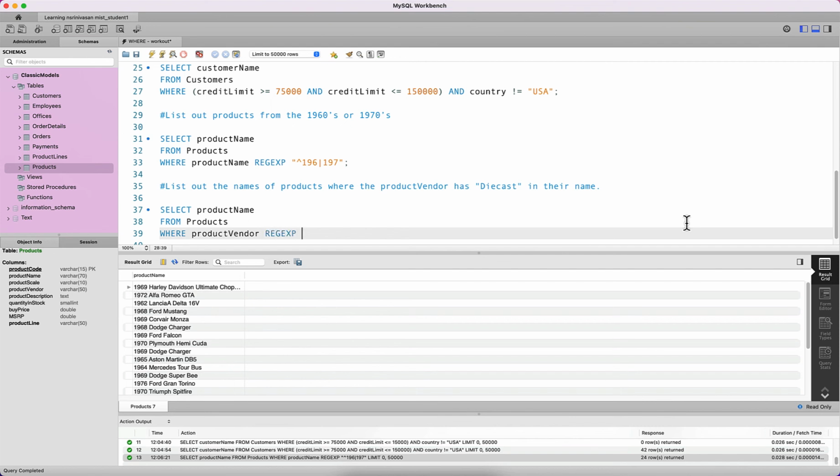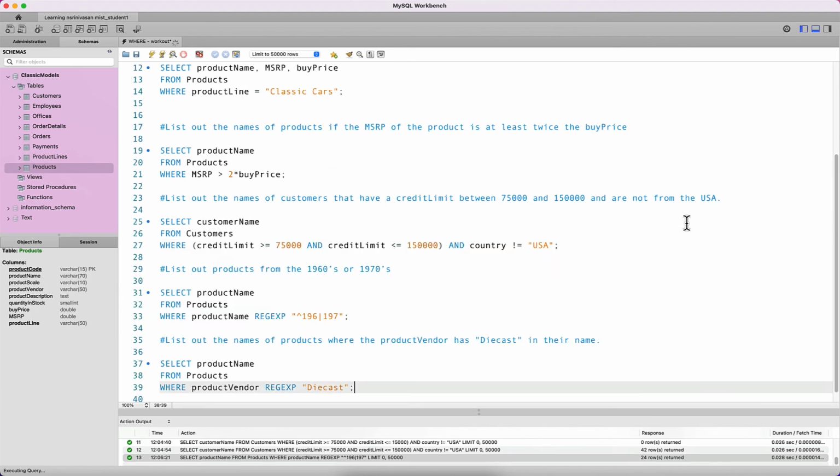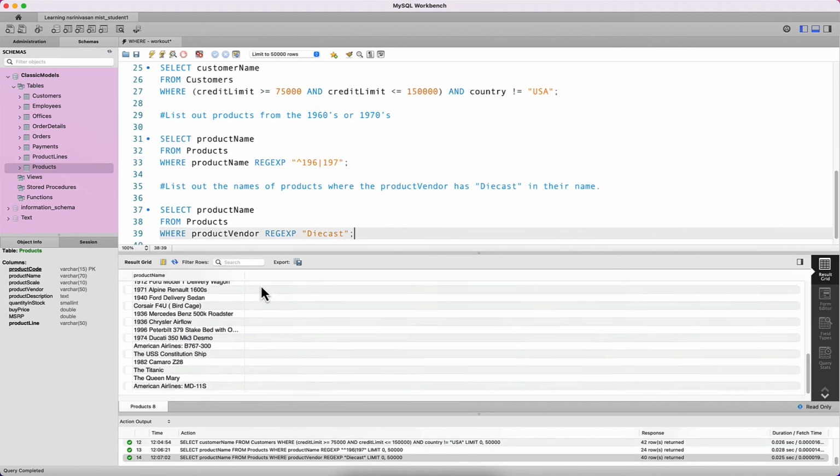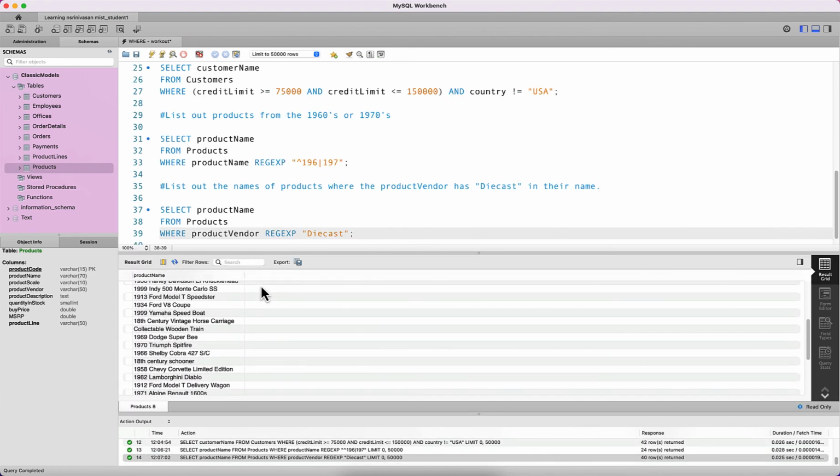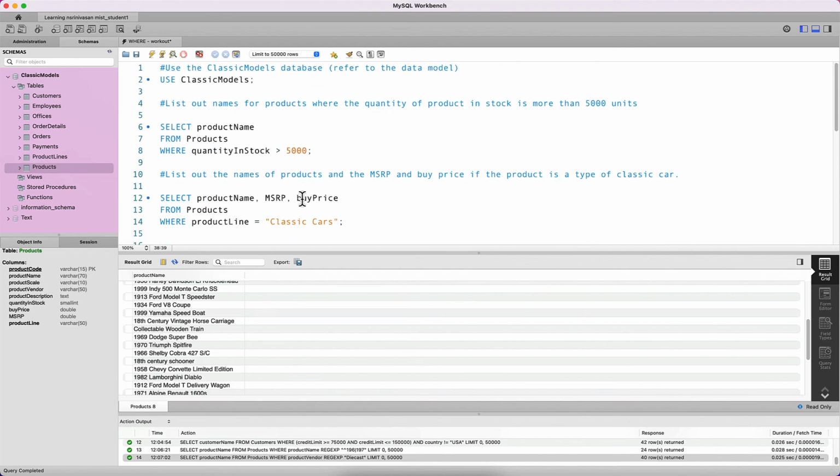So regular expression die cast. And so these are the names of products that have die cast as in the name of the product vendor. This concludes the list of queries that were part of workout.